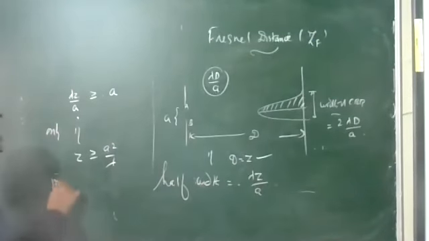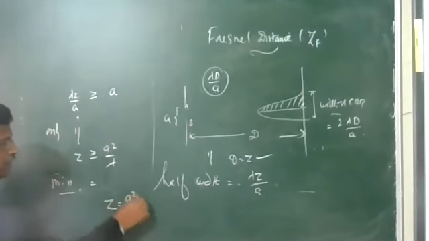So the minimum value is obtained by the equality sign, that is z equals a square by lambda.